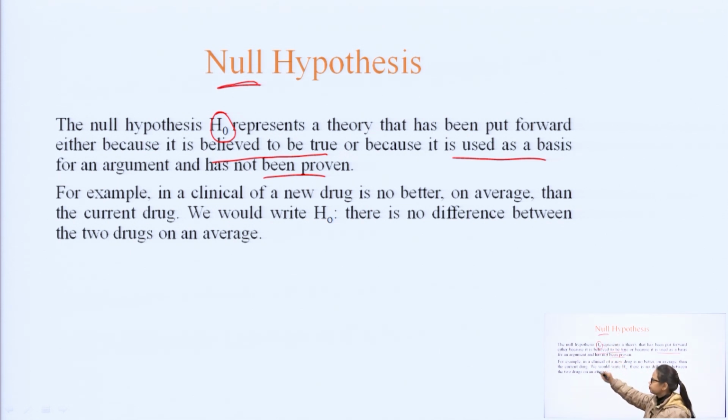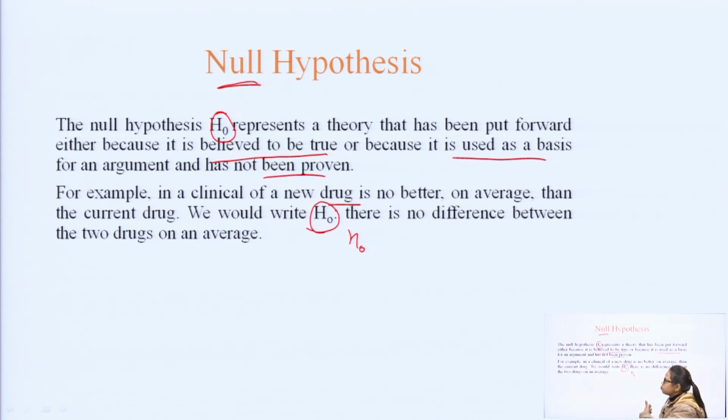Null means nothing. For example, in a clinical trial, the new drug is no better on average than the current drug. If we are conducting a clinical trial of a new drug, but the new drug is not better than the current drug, we would write H naught, the null hypothesis: there is no difference between the two drugs on average.